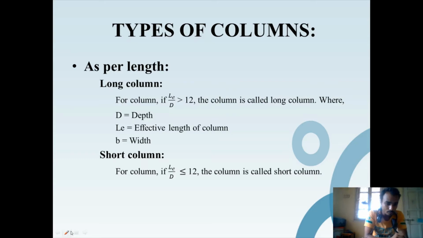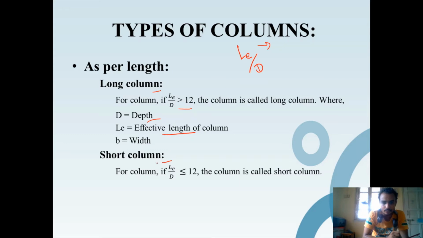Next we have two more types, long column and short column. If LE by D, where LE means effective length of column and D means depth, is more than 12, the column is called a long column.